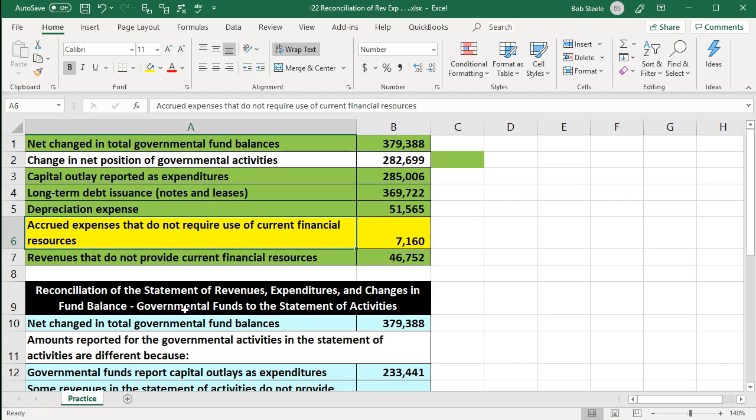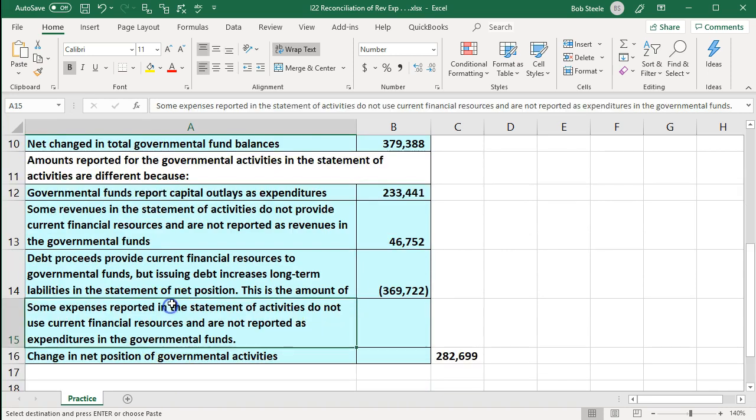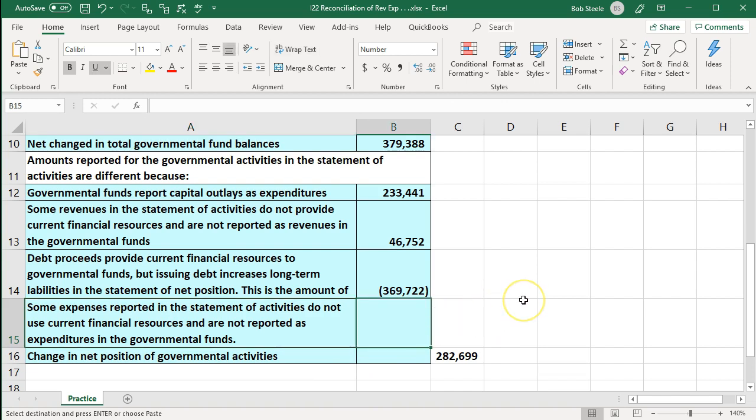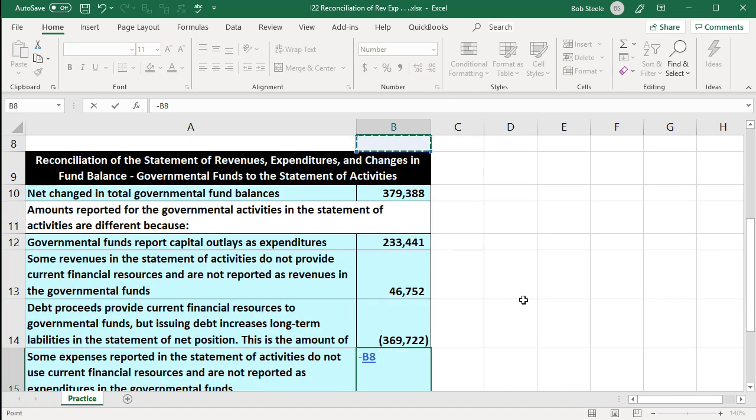However, because there are no current financial resources here, it wouldn't be recorded on the fund level, and that's going to result in our difference. We're going to call that difference: some expenses reported in the statement of activities do not use current financial resources and are not reported as expenditures in the governmental funds. So this is going to be a negative, so we're going to pick up a negative of that 7,160.